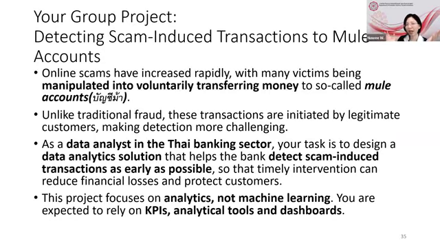You want to design an analytic solution to help the bank detect scam transactions as early as possible, so that intervention can be made before the financial loss, to protect customers. So how can you do that using data?